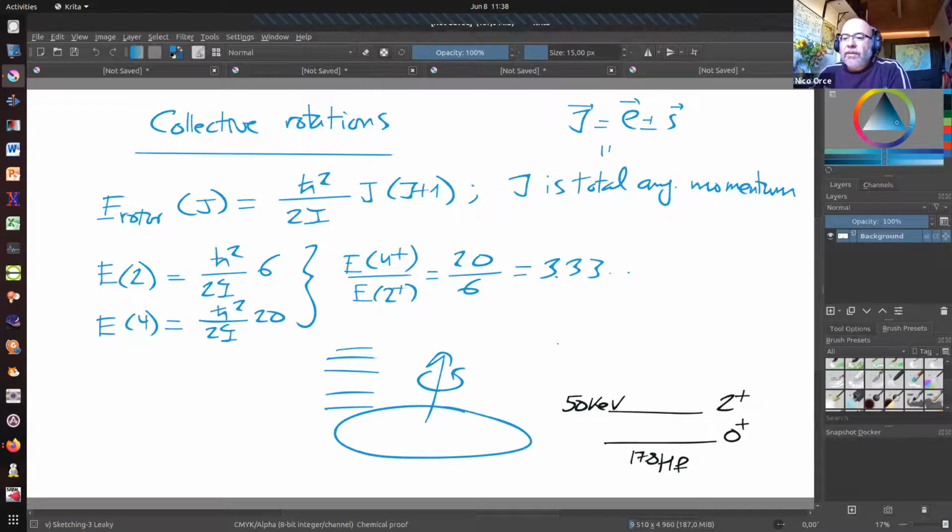So here, if this is 50 keV and we multiply by 3.33, we will have 50 multiplied by 3.33, which is equal to 166.5. So 166.5 is somewhere here.